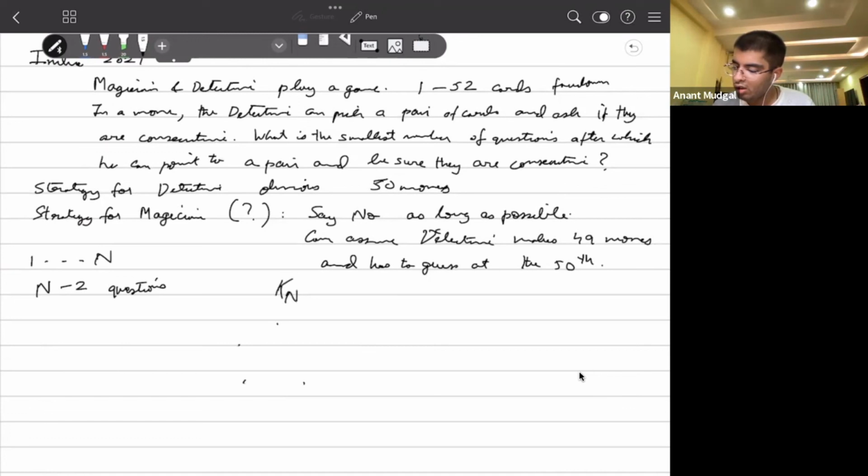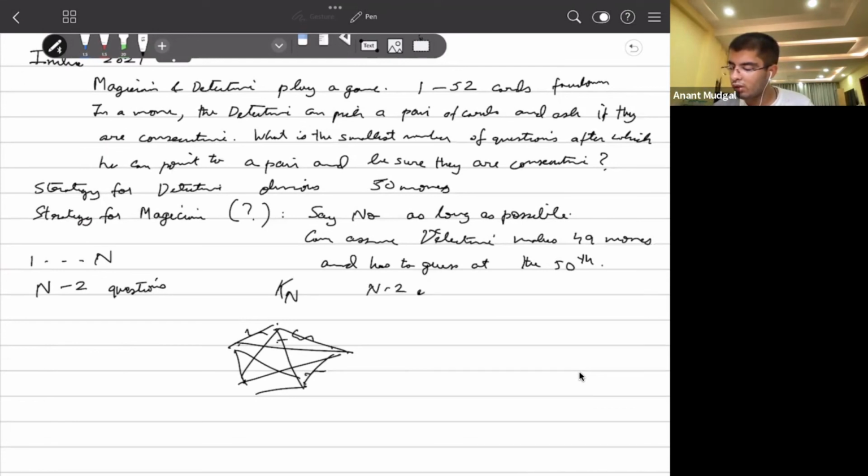So if you look at the complete graph on n vertices, let's say something like this. Out of these, the detective asks some questions. He'll ask some questions, and I'll cut off those edges. Whichever question he asks, I'll remove that edge.